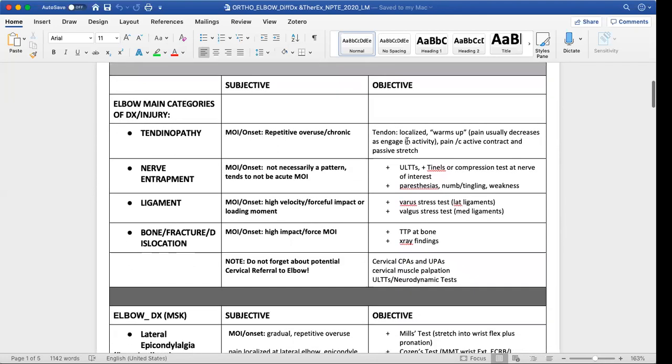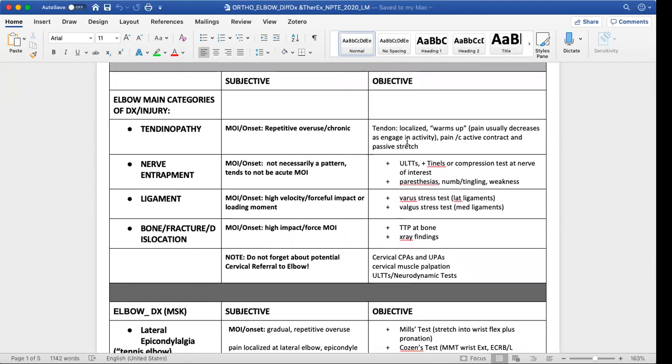At the elbow, the main categories of diagnosis and injury that I tend to think about or group within are, first, a tendinopathy presentation, where the muscle tendon unit or the contractile unit has been irritated.